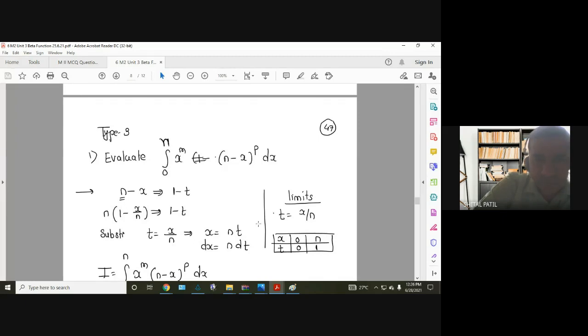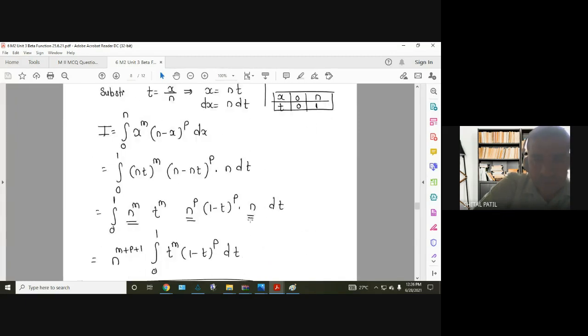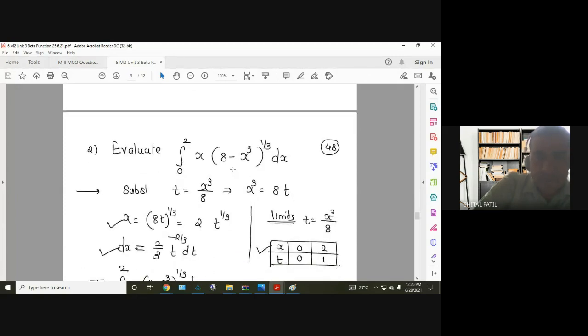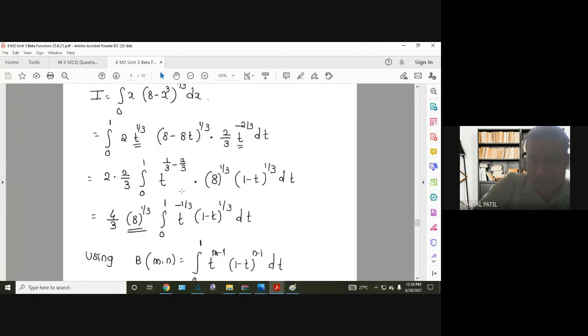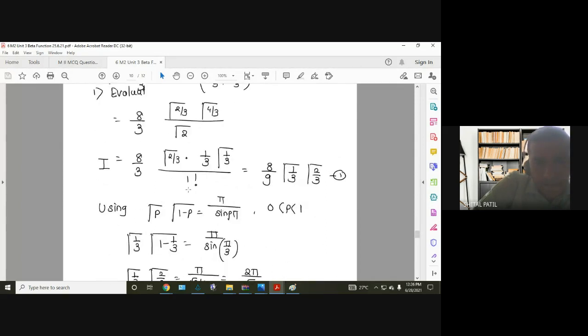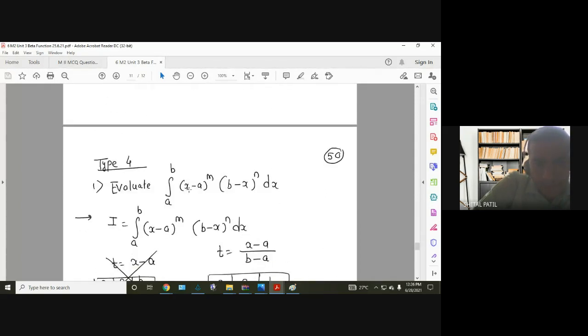From there x is obtained, limits are obtained, all the values are substituted, and the integral is solved. Here the substitution is x cube divided by 8. If I take 8 outside, we have 1 minus x cube divided by 8. So x cube by 8 equal to t is the substitution, and then the example is solved.